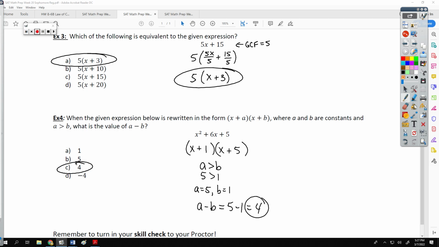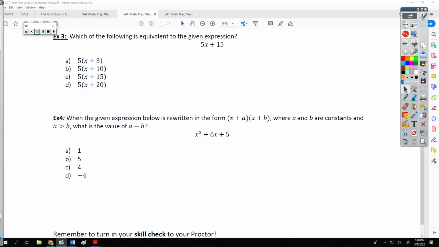So there's several examples of what we mean when we say equivalent expressions. Now, ladies and gentlemen, we are going to go off to a Google Classroom, and we are going to complete a Quizizz assignment. Give me a second to get that pulled up here.